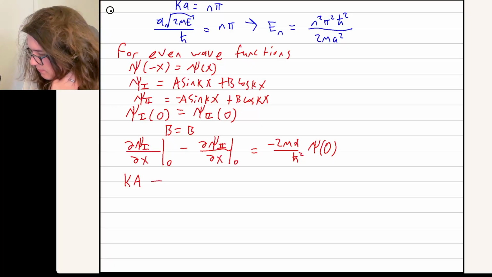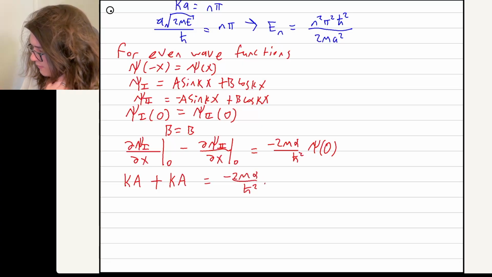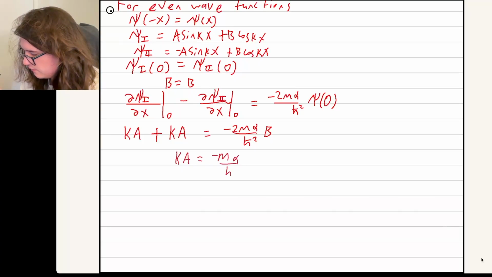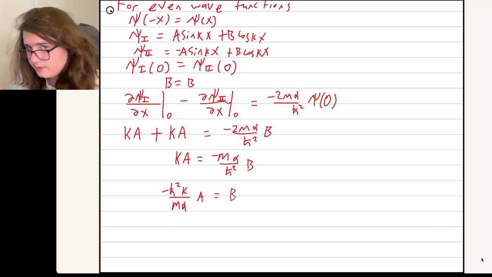And this is also going to be plus ka from the other sine function, and that's equal to this junk over here, which is just going to be b. So we can add these up. That's just 2ka on the left side, so we cancel out the 2's. We just have minus m alpha over h bar squared b over here. So we can solve this for b: b equals minus h bar squared k over m alpha times a.